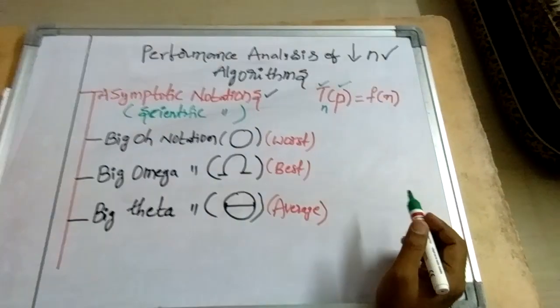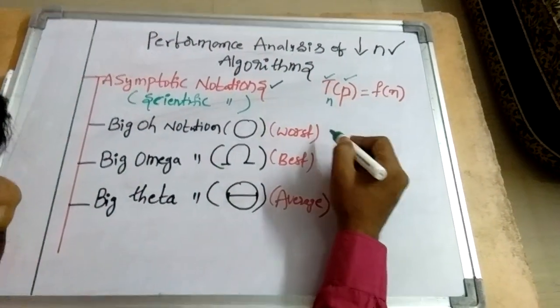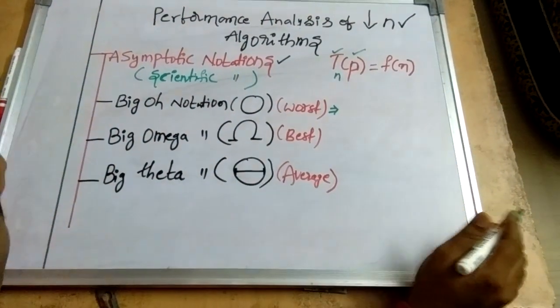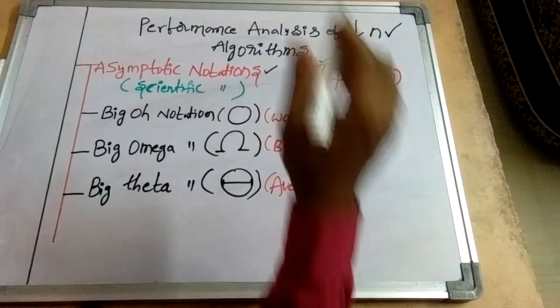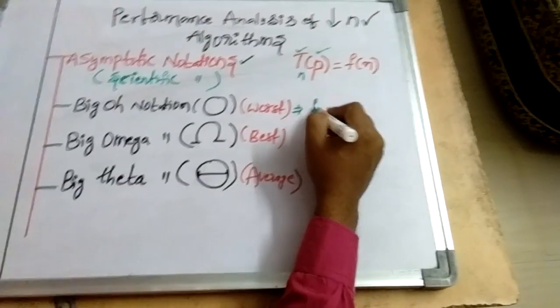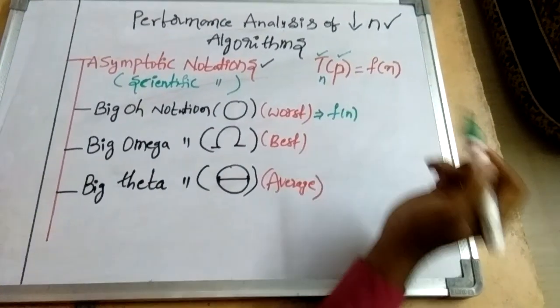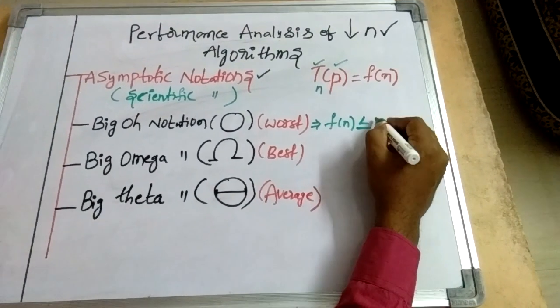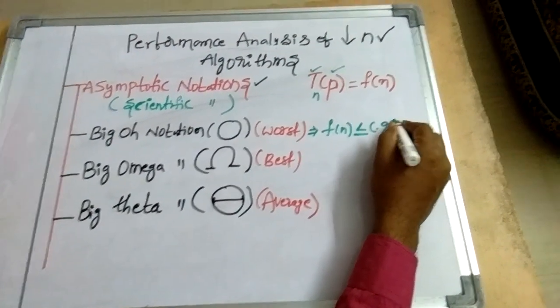Now let us try to understand how it will be in each notation. If it is in big O notation, big O notation represents the time complexity f of n if it is less than or equal to some constant multiplied by g of n.